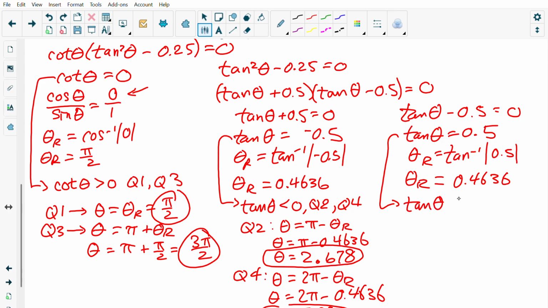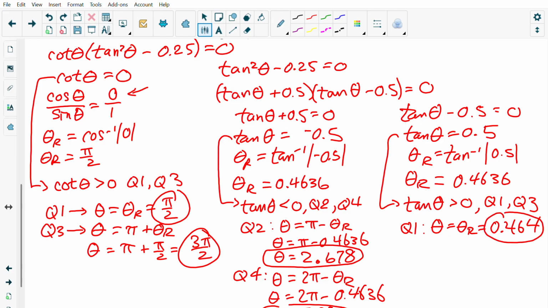Again, where is the tangent ratio positive? That's in quadrant 1 and quadrant 3. In quadrant 1, my angle in standard position equals my reference angle, so that equals 0.464, rounded to the nearest ten-thousandth. There's one solution.